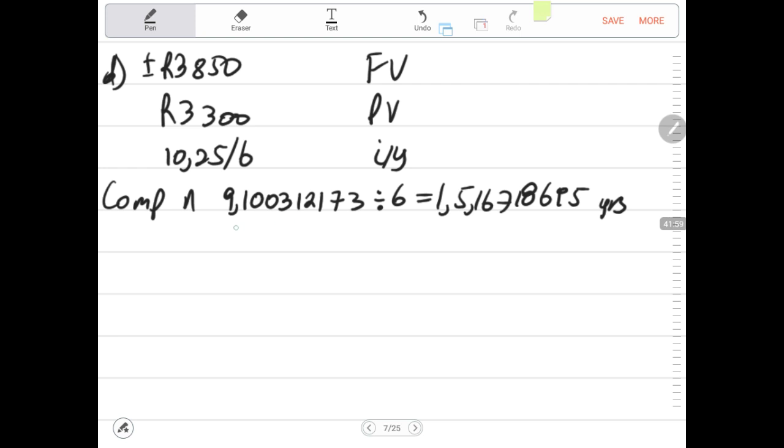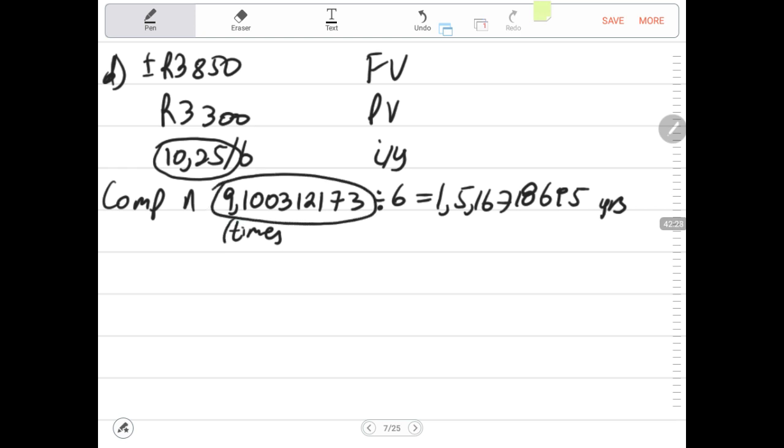And remember, this is times. Let us say you were required to say how many times the interest was compounded over the investment period. The interest was compounded 9.10 something times.